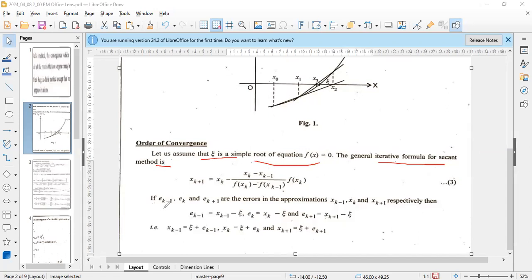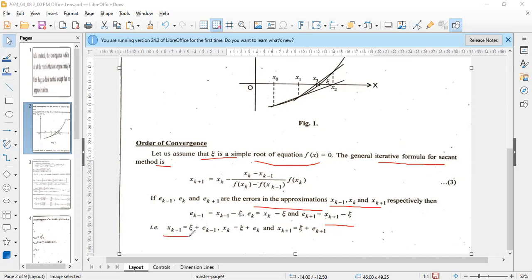If e(k-1), ek and e(k+1) are the errors in the approximations x(k-1), xk and x(k+1) respectively, then e(k-1) = x(k-1) - epsilon, ek = xk - epsilon, and e(k+1) = x(k+1) - epsilon.